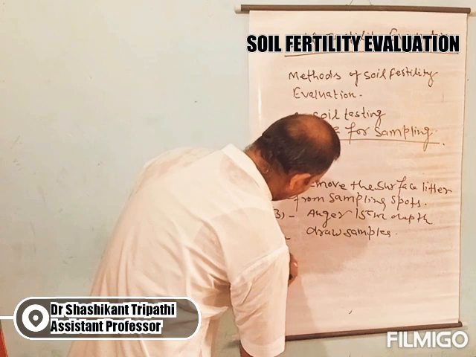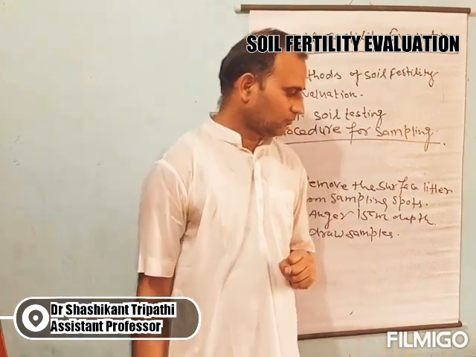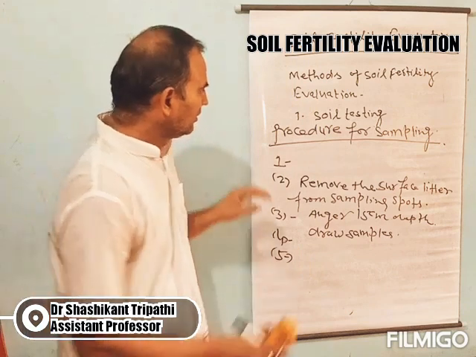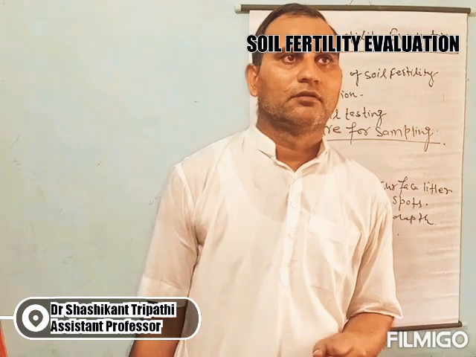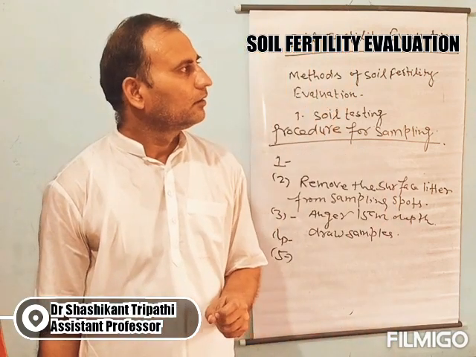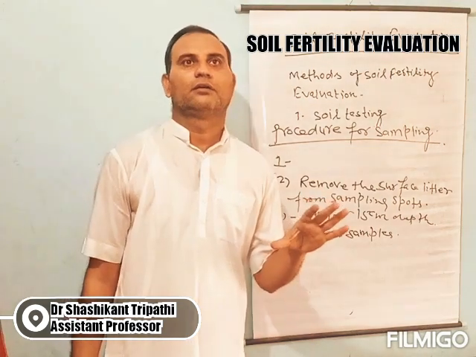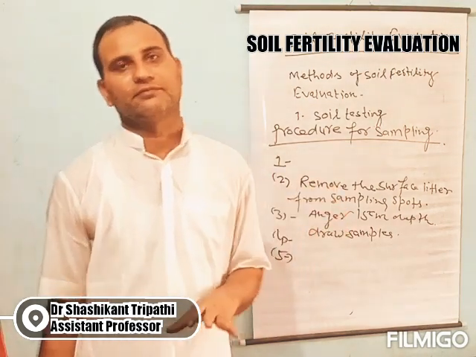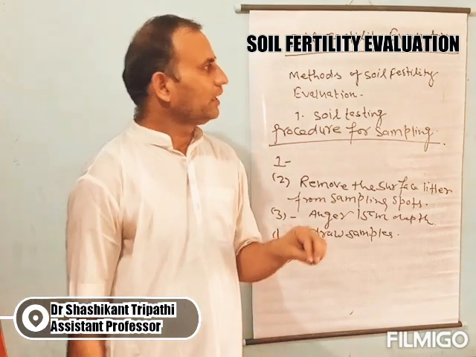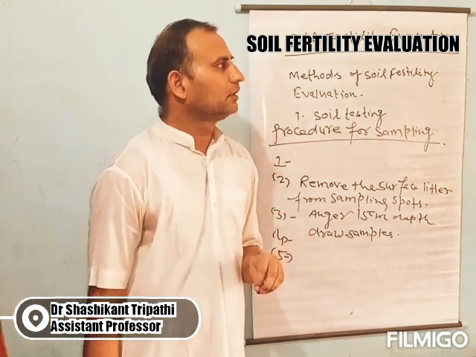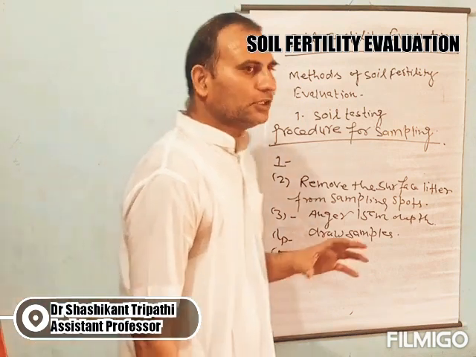Next point is, if auger is not available, make a V-shaped cut up to the 15 centimeter depth on the sampling spots and collect the sample.